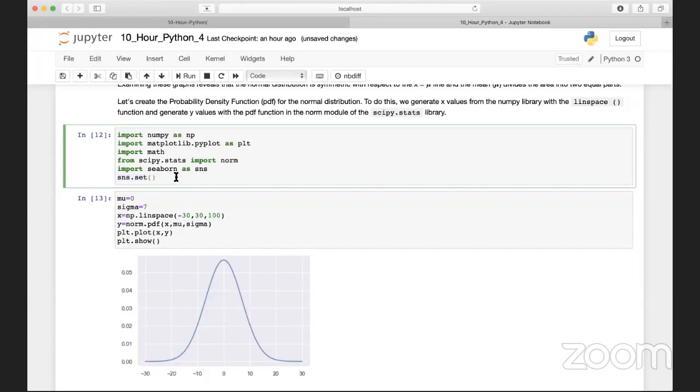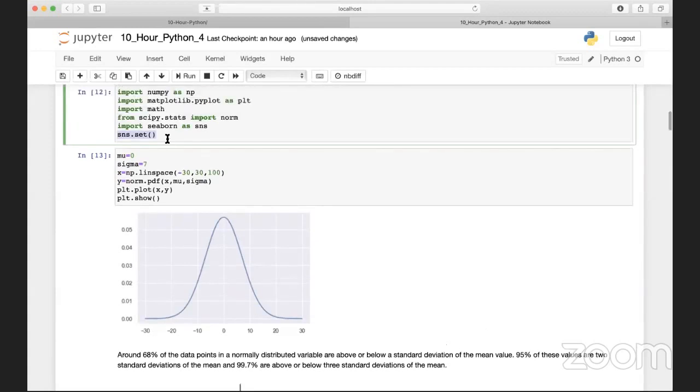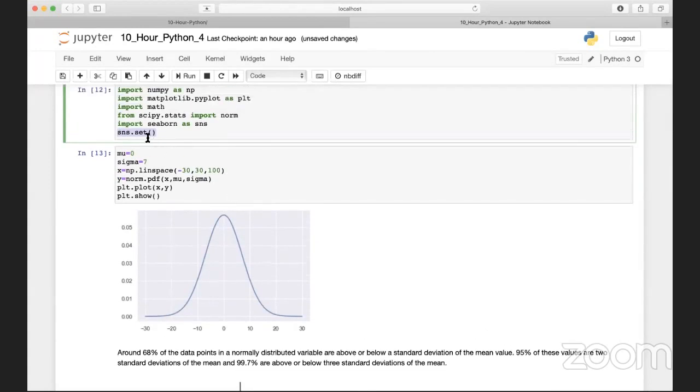Sorry, it's not default. As I run this, I will have the same plot in this Jupyter notebook because I did it once. If you don't have sns.set, you will have the plain plt figure here. The background will be white, not the blue grid version.